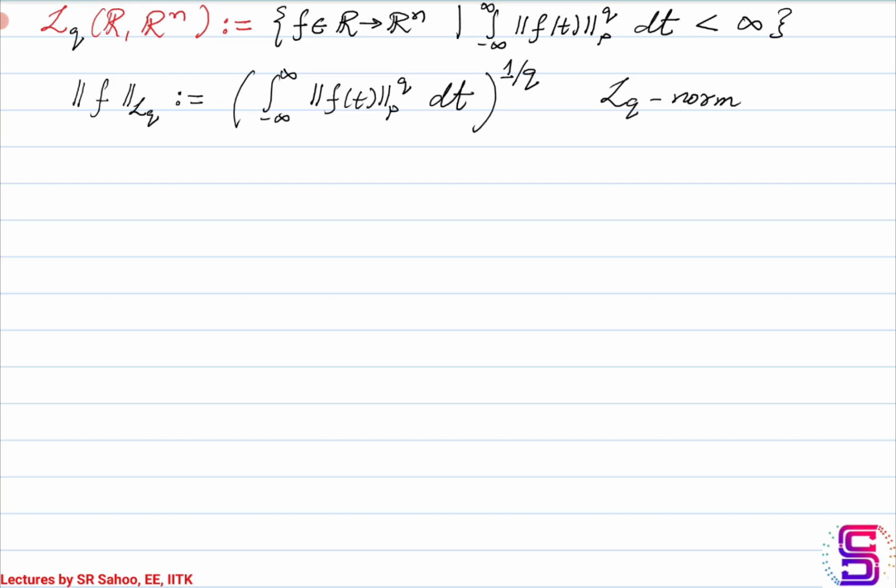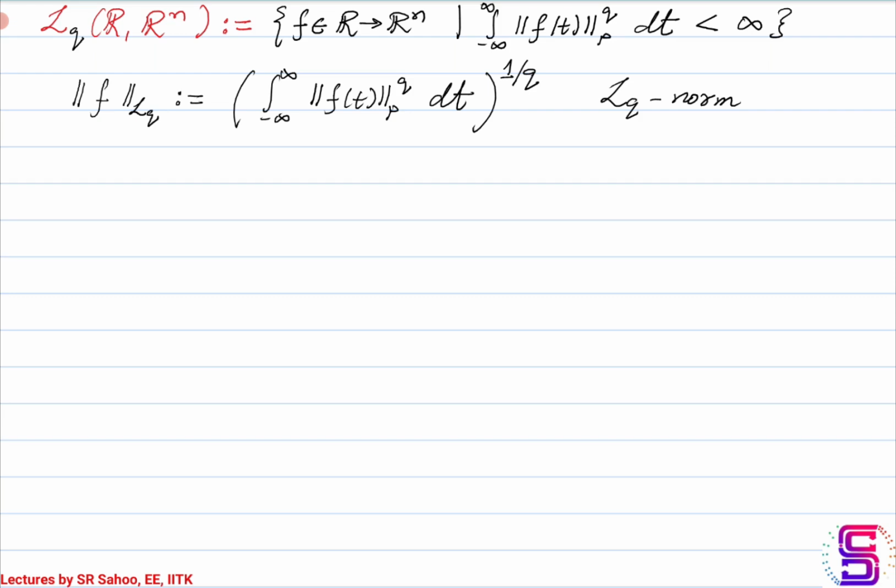Okay, so if you want to compare the norm values of two different functions belonging to the Lq space, remember that you have to take the same p norm for the vectors. You cannot take one norm for one vector and another norm for another vector and then compare their Lq norms.